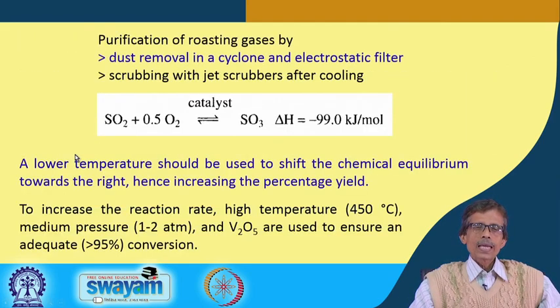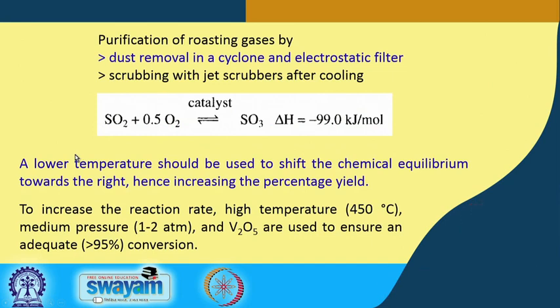So, this is what we have in our hand, that means we get the formation of SO2, and the roasting gases. If we use O2 and that gives SO2, that SO2 is basically the roasting gas, the high temperature gas we are having, and 14% of this is SO2, the remaining is O2.